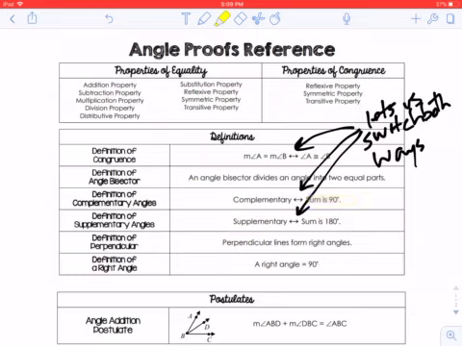Now we've got definition of angle bisector. We've said millions of times in class, an angle bisector divides an angle into two equal parts. So we're going to know the two parts are equal. And for perpendicular, we're going to know that we get right angles. What do we need to look for?